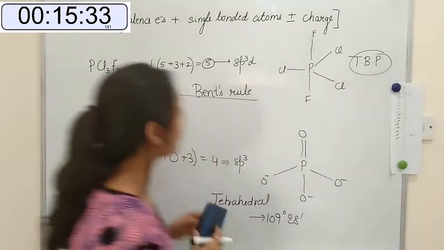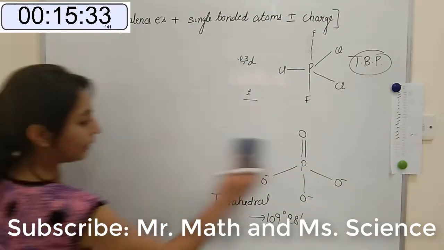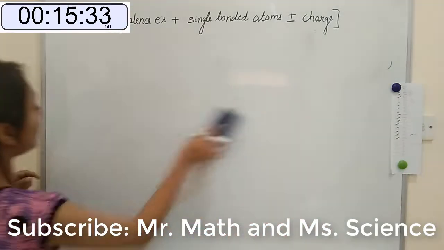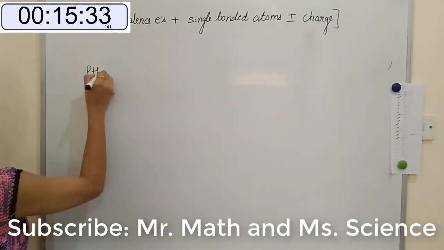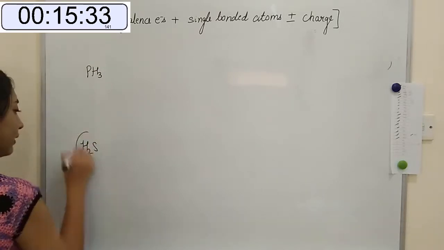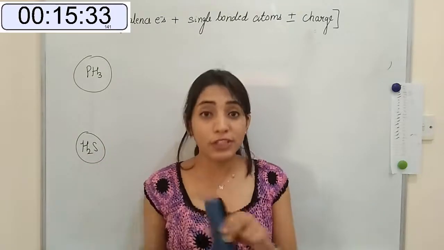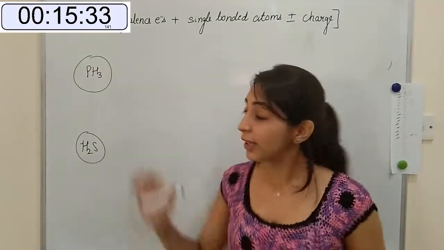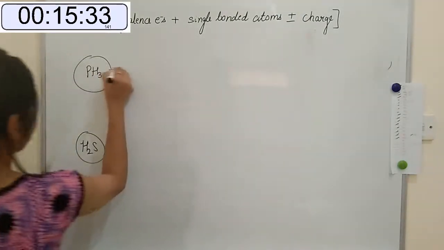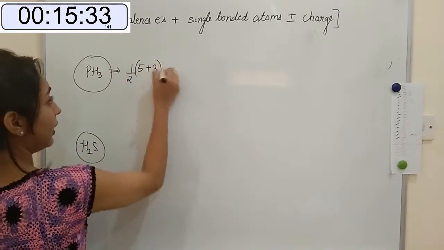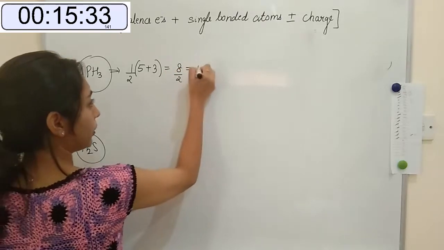Now we have another set of questions, which is PH3, and let us talk about H2S. If I am solving these two questions, the video will be controversial, but first let me solve them. Phosphorus, half: 5 plus 3 should be 8, by 2, should be 4.